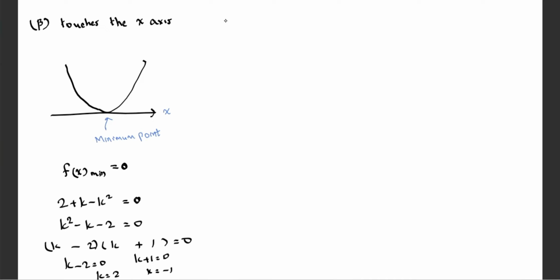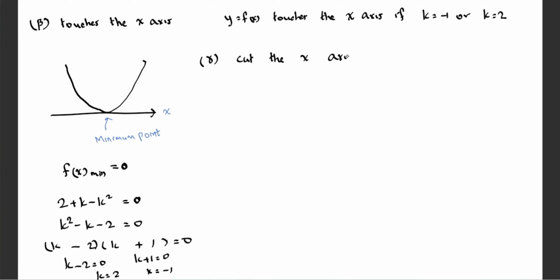So you can say that y equals f(x) touches the x-axis if k equals minus 1 or k equals 2. That part is also done. Then gamma. In gamma, they are telling us to cut the x-axis in two distinct points.